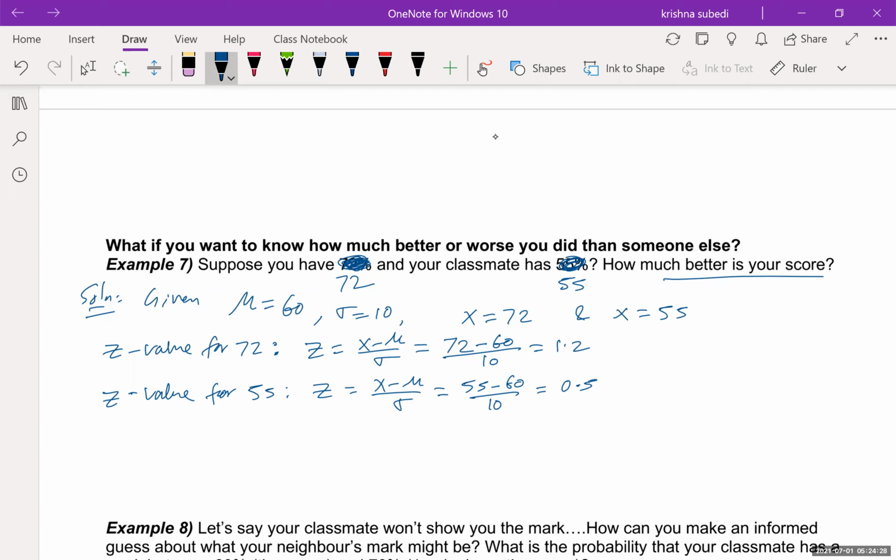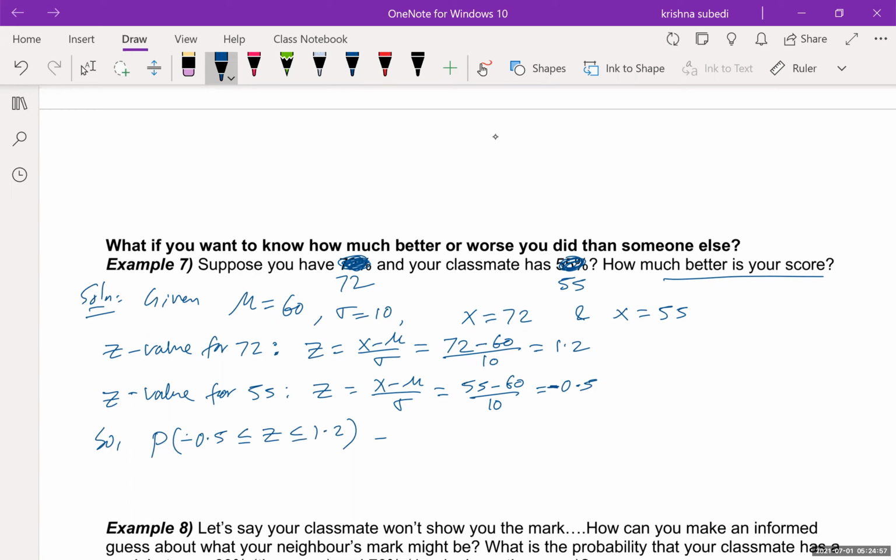Now, in order to answer how much better your score is, we first find the probability between these two values. Okay, we know the z values. One z value is negative, by the way, negative 0.5, and the other is 1.2. Let us calculate this.